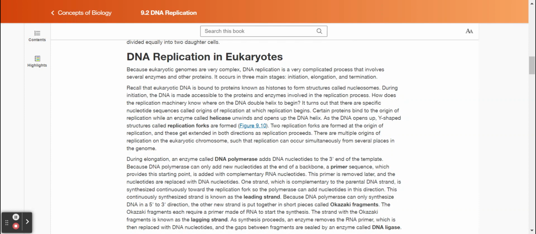As the DNA opens up, Y-shaped structures called replication forks are formed. Two replication forks are formed at the origin of replication, and these get extended in both directions as replication proceeds. There are multiple origins of replication on the eukaryotic chromosome, such that replication can occur simultaneously from several places on the genome.